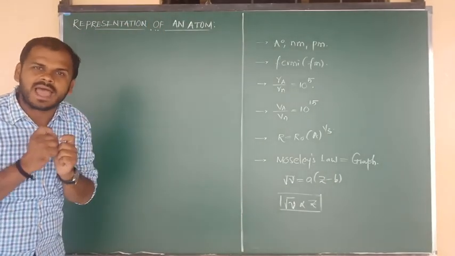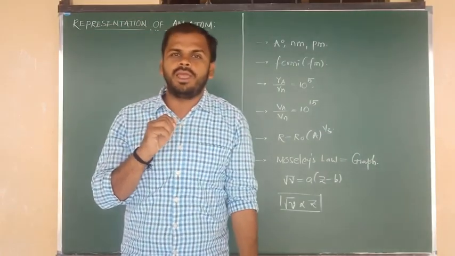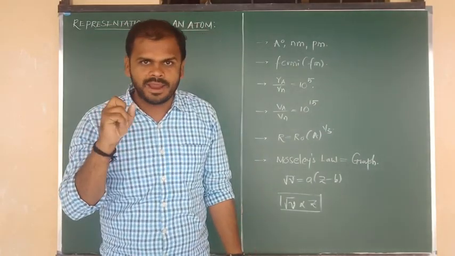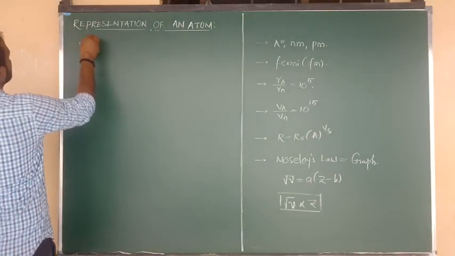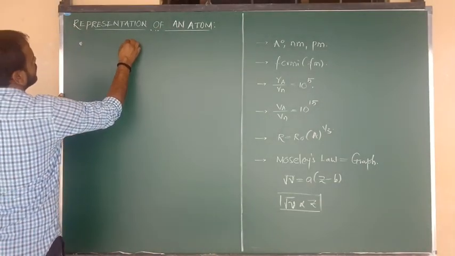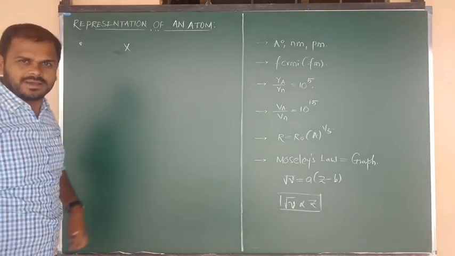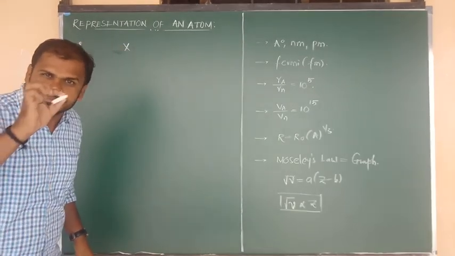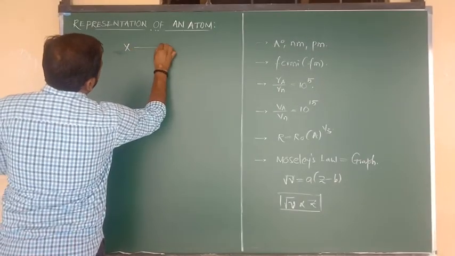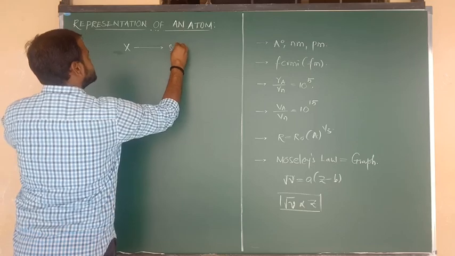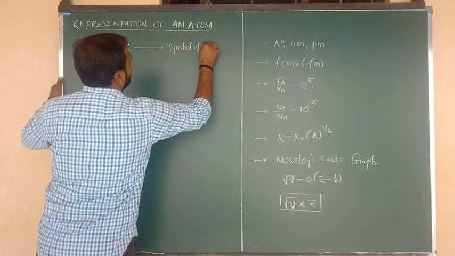How to represent the atom? Listen carefully. An atom or element we can represent in this manner: first of all we have to write X. The meaning of X is the symbol of the element, or we can say the symbol of the atom, no problem.